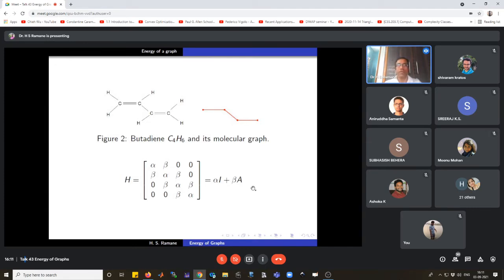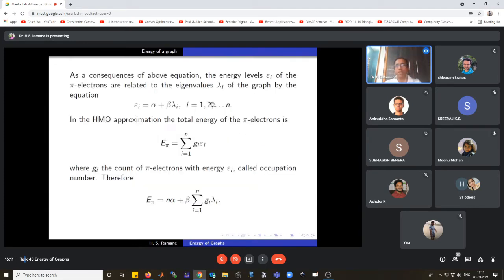So in the HMO method, the total pi electron energy is the sum of g i into epsilon i, where g i is the occupation number, that is the number of electrons in that particular orbital. Then replace this epsilon i with alpha plus beta lambda i.